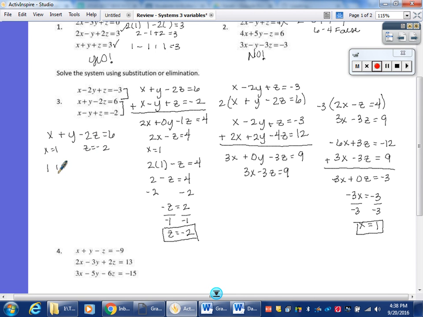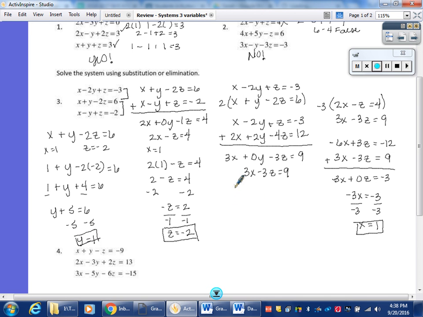So this is 1 plus y minus 2 times negative 2 is equal to 6. So 1 plus y plus 4 is equal to 6. I combine the 1 and the 4, and we get y plus 5 is equal to 6. Subtract 5, we get y equals 1. And so that's my third solution.